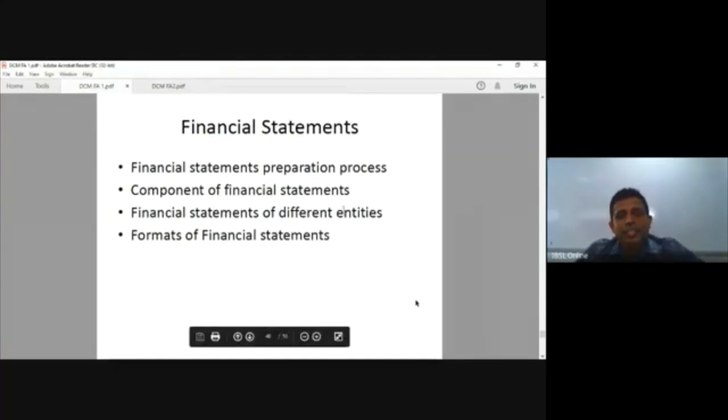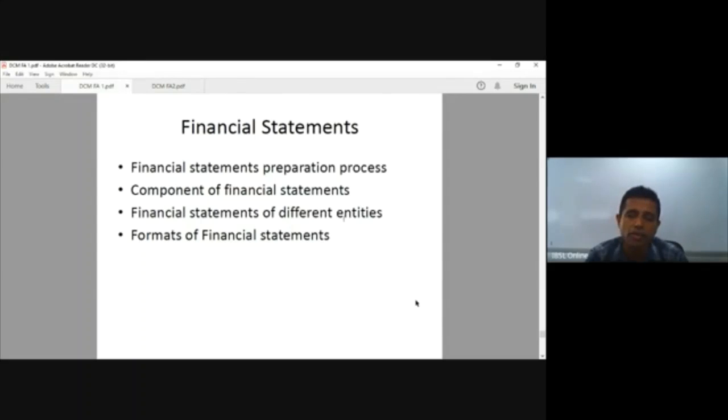Right. Financial statement preparation process. At the year end, we have to close the income and expenses accounts, because out of those 5 accounts, the balances of the asset, liability, and equity accounts will go to the next year.